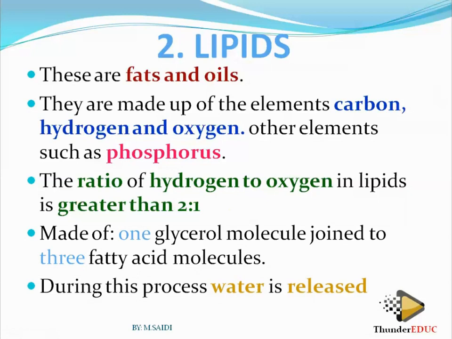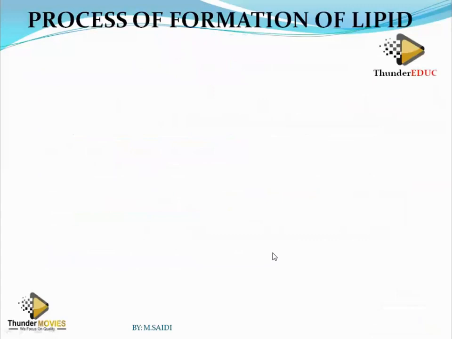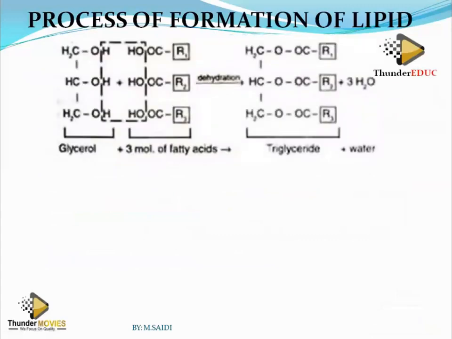Dehydration takes place during the formation of a lipid. This is the process. Chemically, it looks like this. You have glycerol and then 3 fatty acids. Dehydration occurs and then you form a triglyceride plus water. So this is the fat we are talking about.